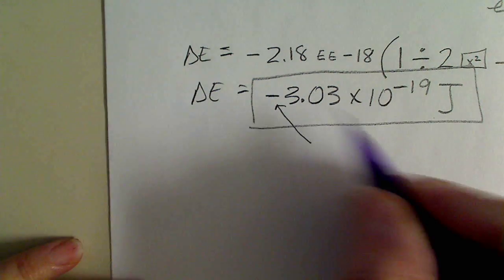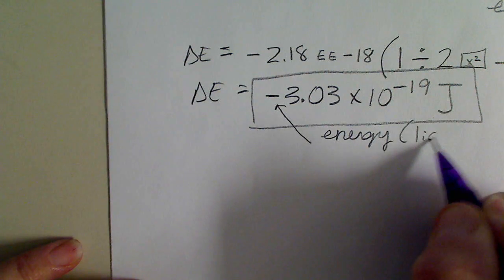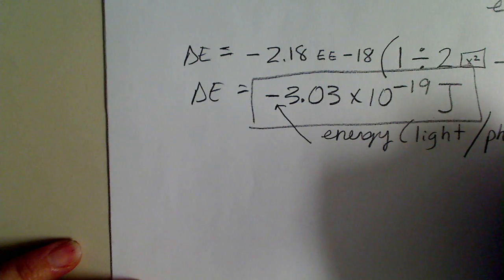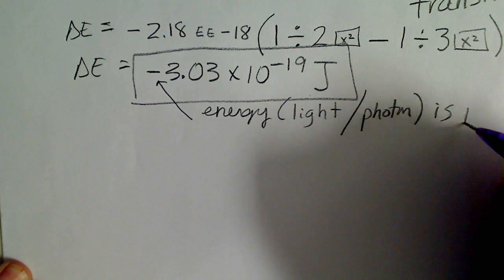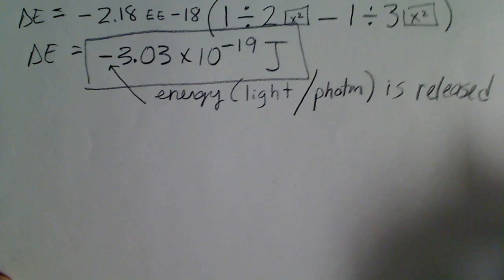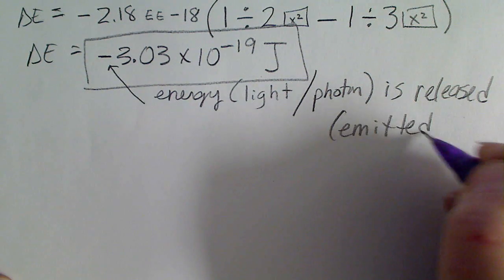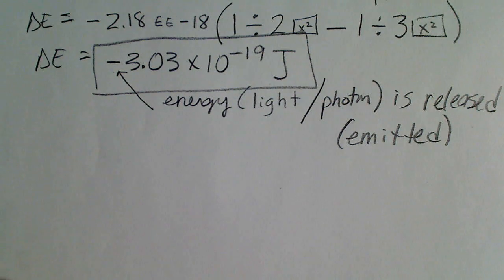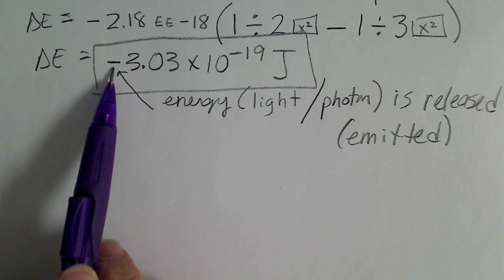The negative sign means energy, or we could say light, or we could say a photon is released or given off. So the sign tells us if the electron's going uphill in energy, or in this case, downhill in energy. It's losing energy.